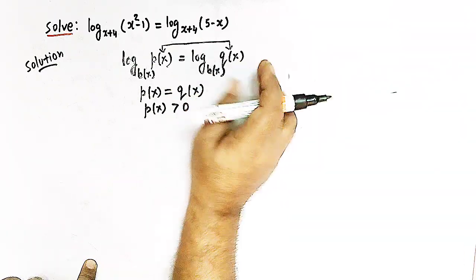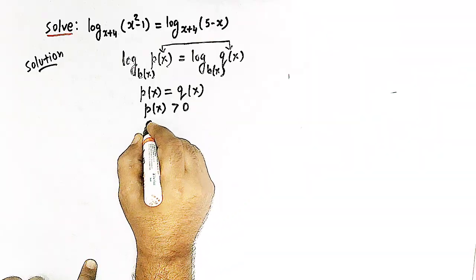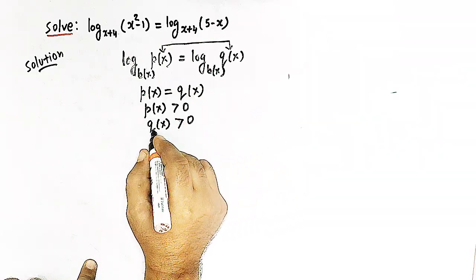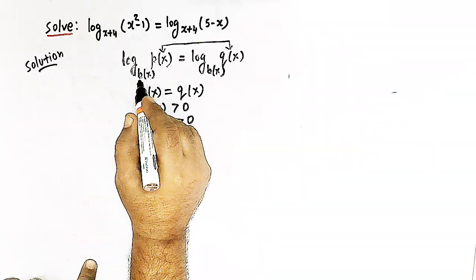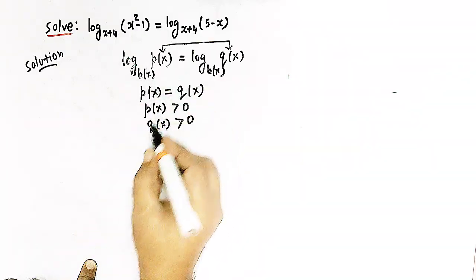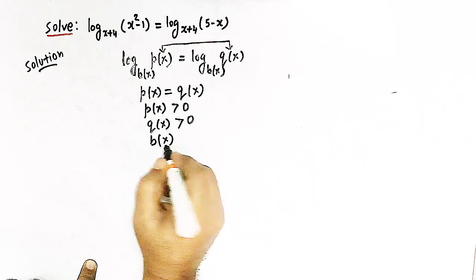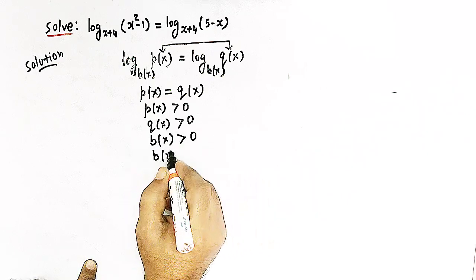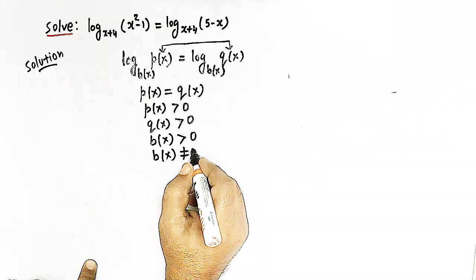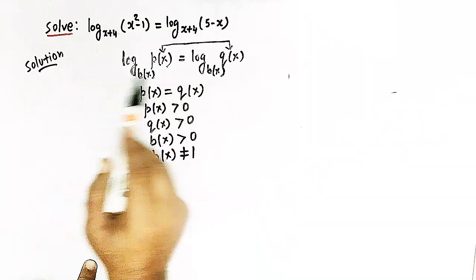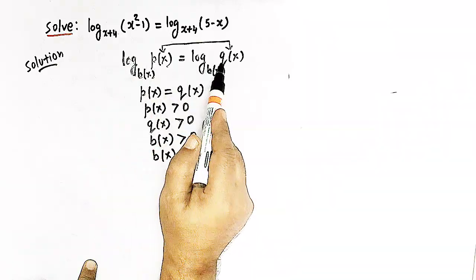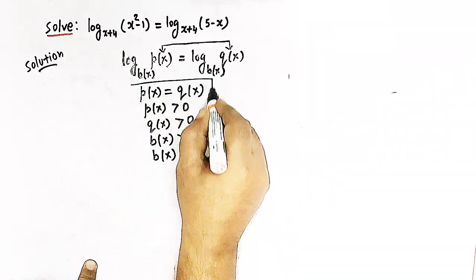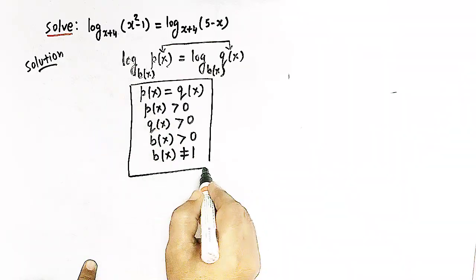And similarly for this term, q of x should also be greater than 0. And moreover, we should have b of x greater than 0, and the base b of x should not be equal to 1, right?